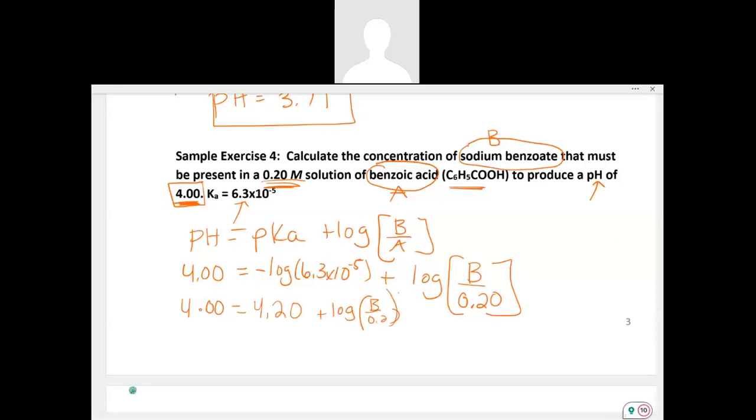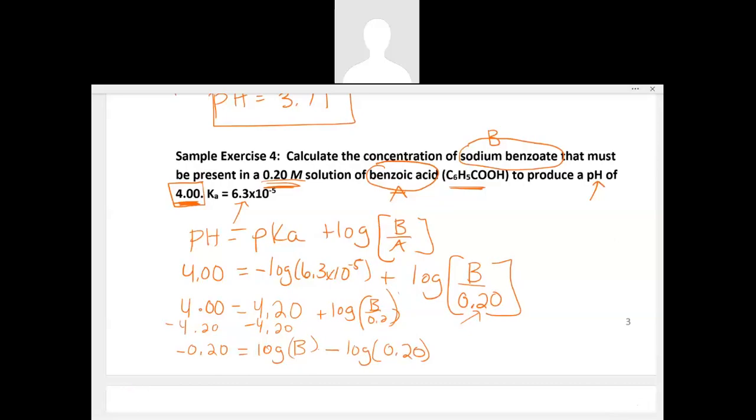We subtract 4.2 from both sides and combine like terms, so we get negative 0.20 equals the log of our base concentration minus the log of 0.20.